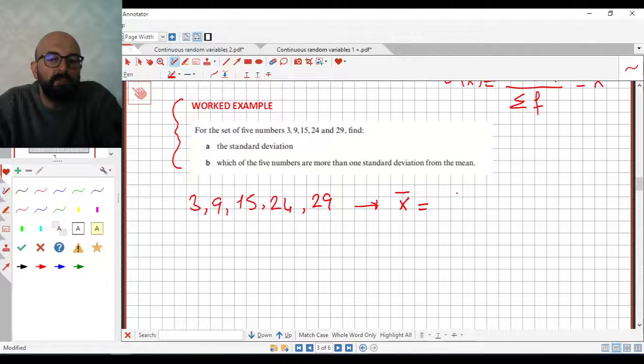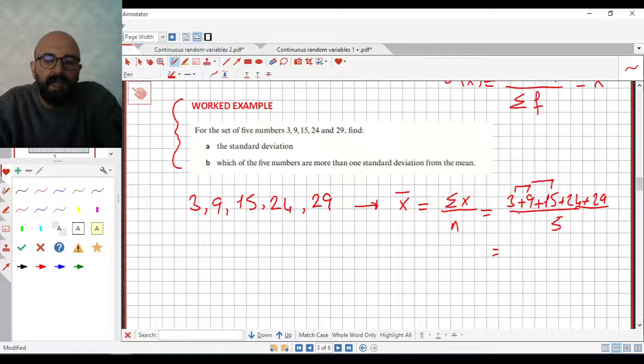The mean is the sum of all x over n, so 3 plus 9 plus 15 plus 24 plus 29 over 5, which means 12, 27, 51, 80 over 5, which is 16.